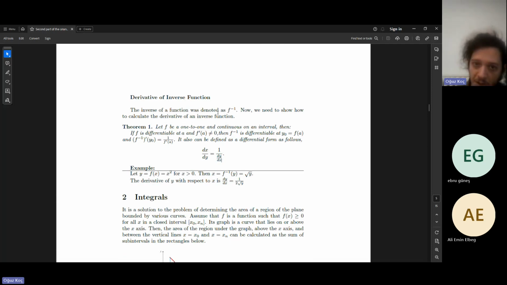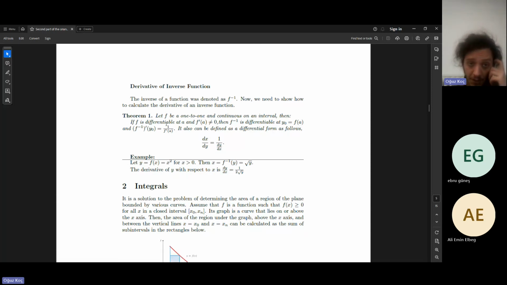The inverse of a function is denoted with a -1 hat, something like f with -1 as a hat. This is not a power here. We just denote the inverse of a function with -1. We need to show how to calculate the derivative of the inverse function.